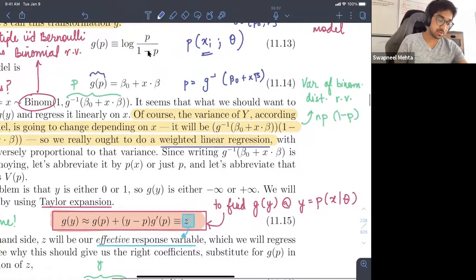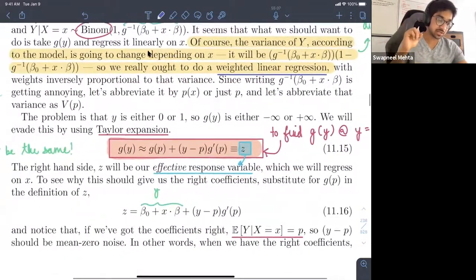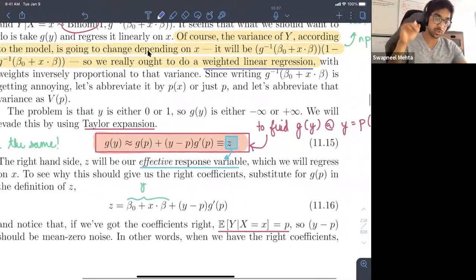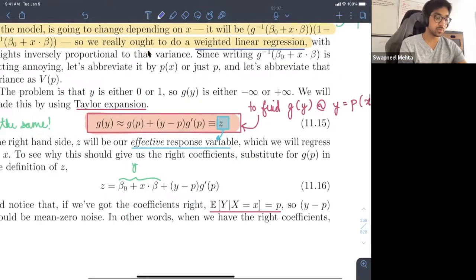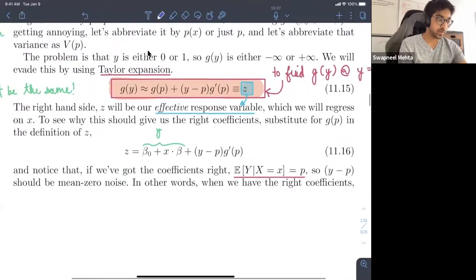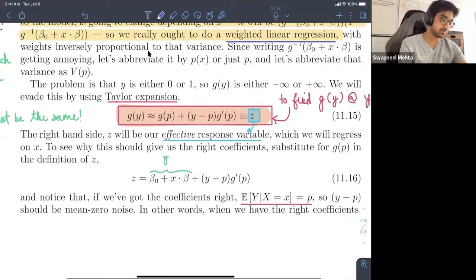That is, in a very hand wavy sense, the idea of weighted linear regression, where you associate weights which are inversely proportional to the noise variance. The higher the noise variance, the less you want to weight that point because you can't fit it. So, weighted least squares regression, weighted linear regression.